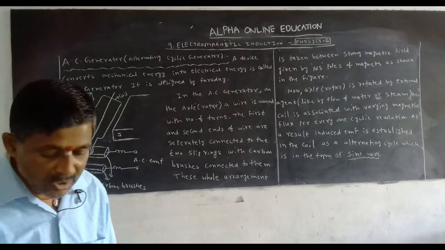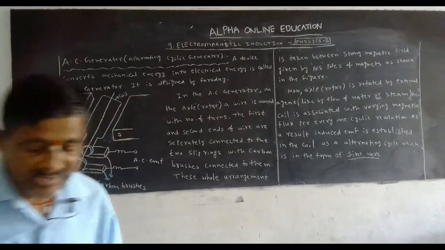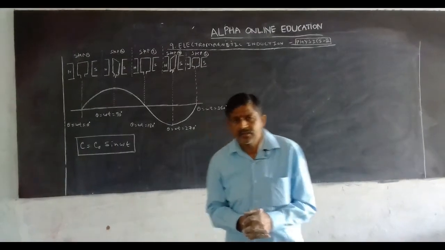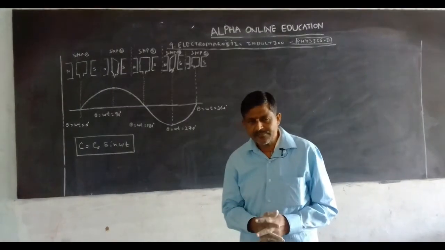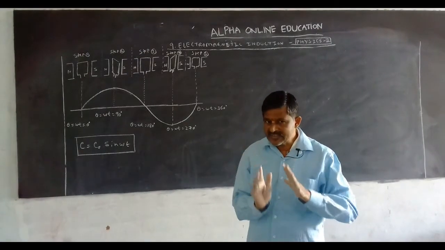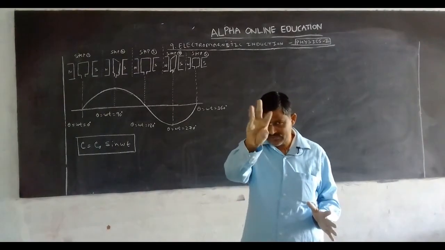Now we want to draw the 5 steps to get AC EMF in the form of a sine wave. In an AC generator, induced EMF is established in the form of a sine wave in 5 steps.